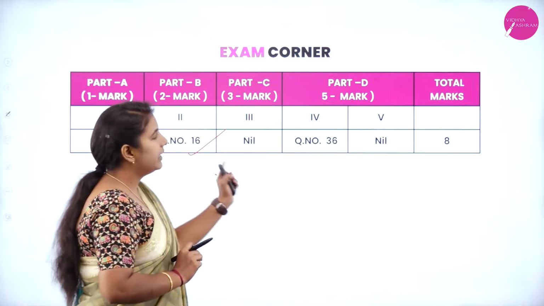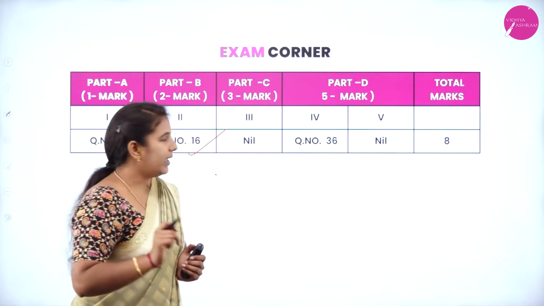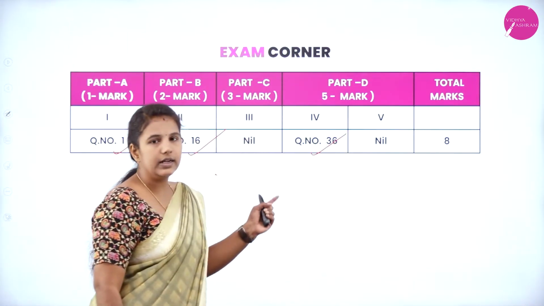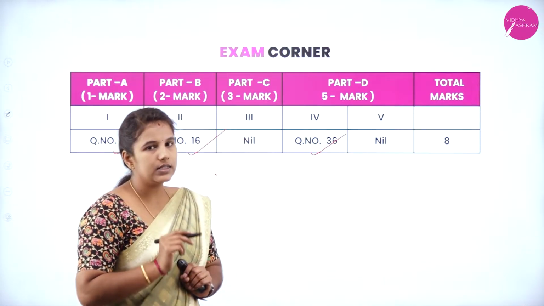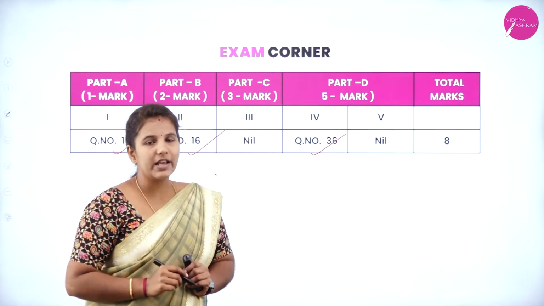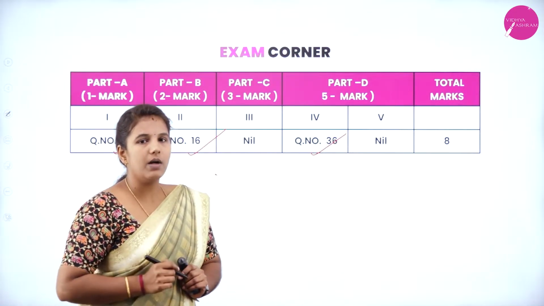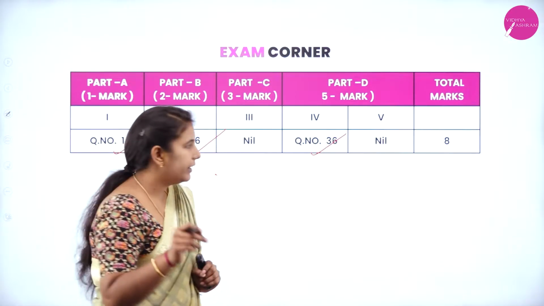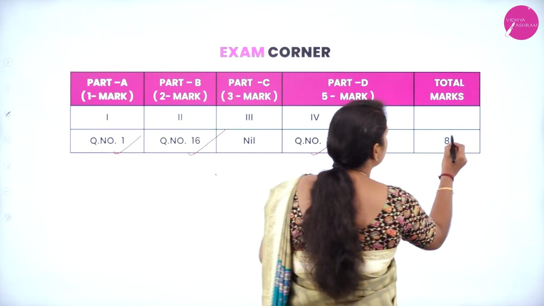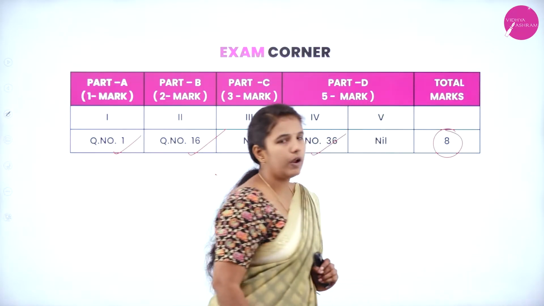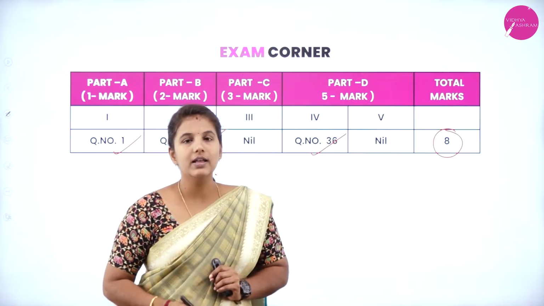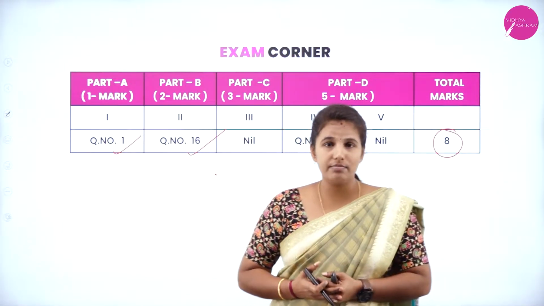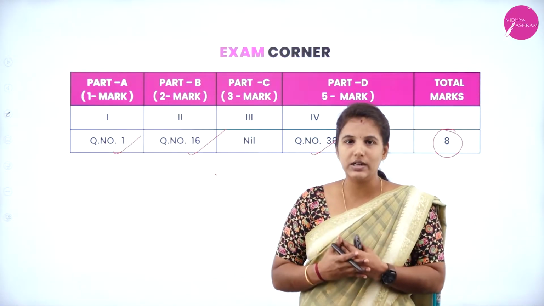Like that, in part D we can expect one more question, question number 36. That is a 5-mark question from the solid state, and in total we can expect 8 marks from this unit.